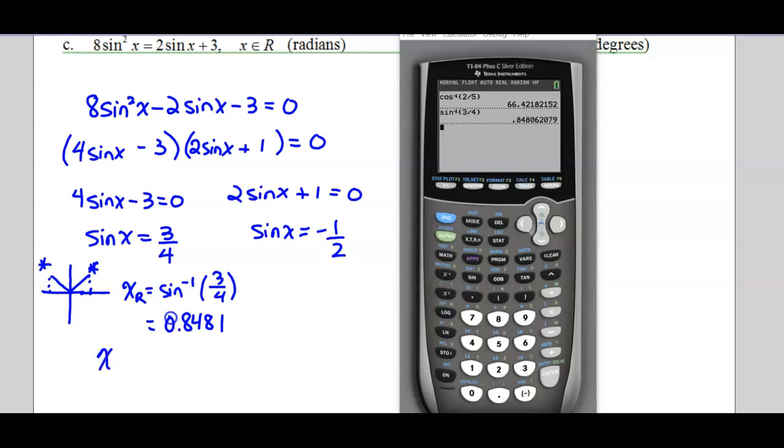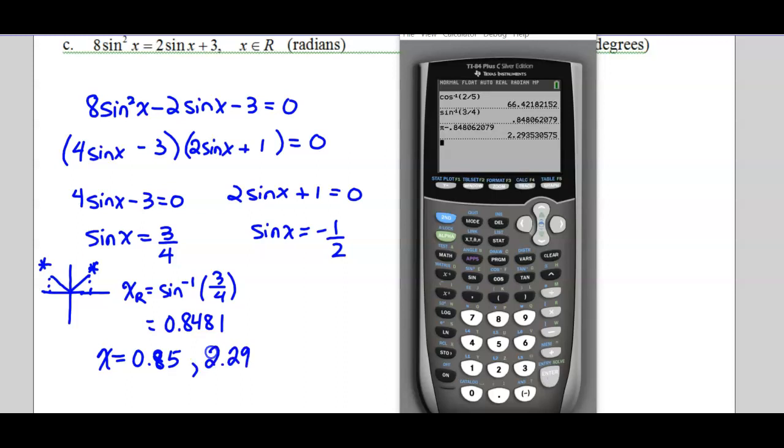So now your x for this, that will be your first one, rounded is 0.85. In the second quadrant, it's going to be pi minus that, 2.29.